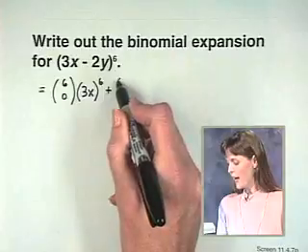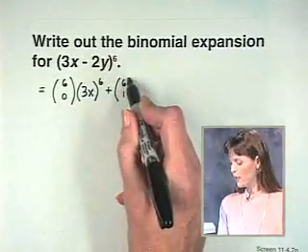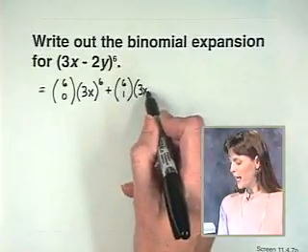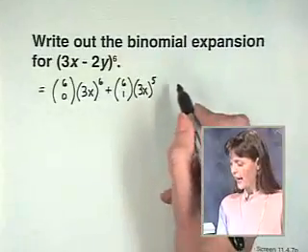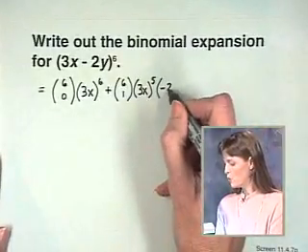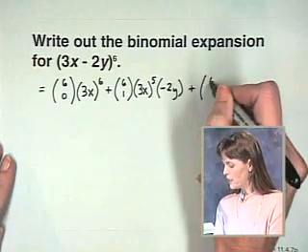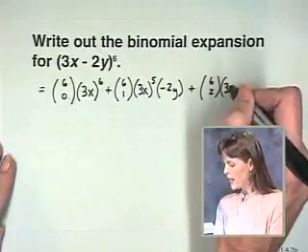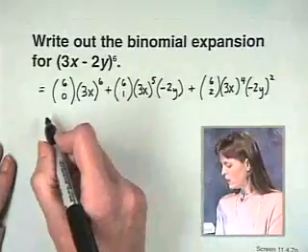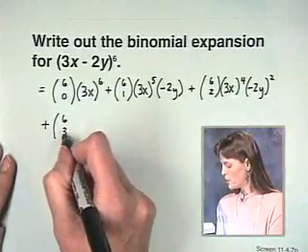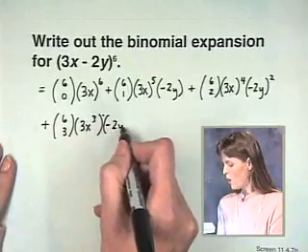Then we add to that the next binomial coefficient, which will be 6 choose 1. This first term, 3x, decreases in power by 1 to the 5th power, and the other term, negative 2y, appears. Then we continue with 6 choose 2, 3x to the 4th, negative 2y squared, plus 6 choose 3, 3x cubed, times negative 2y cubed.